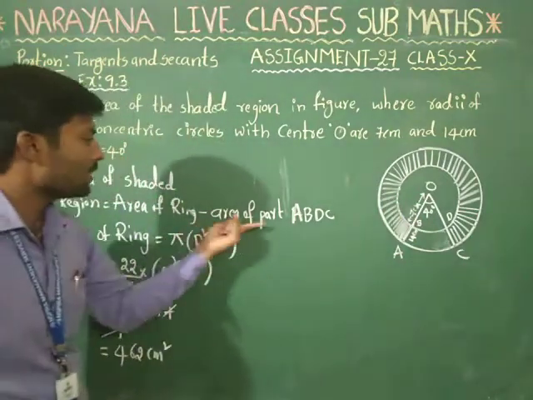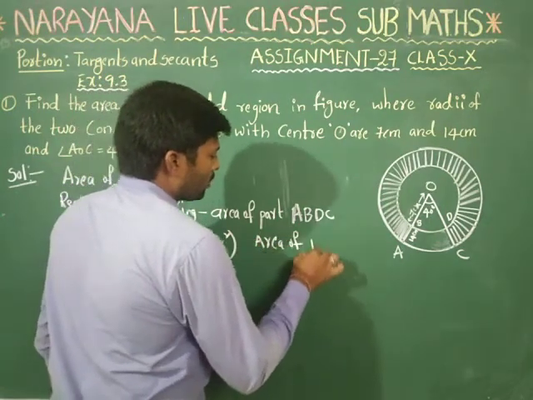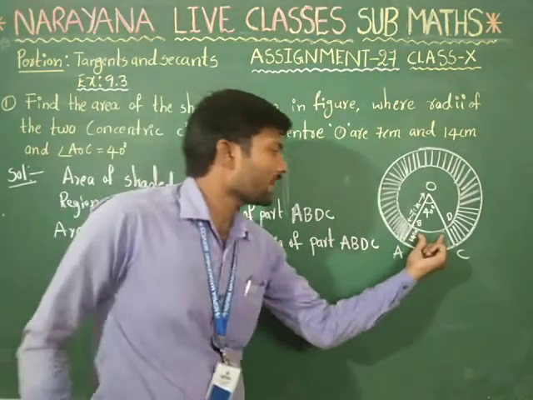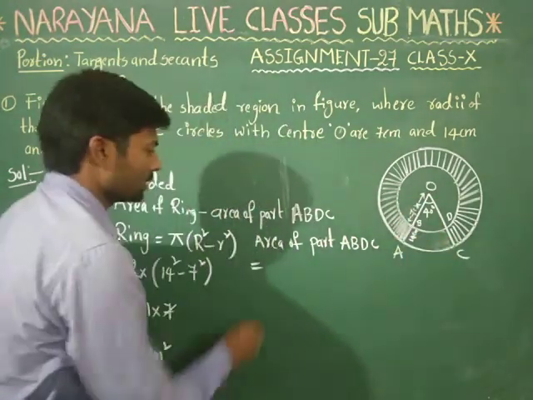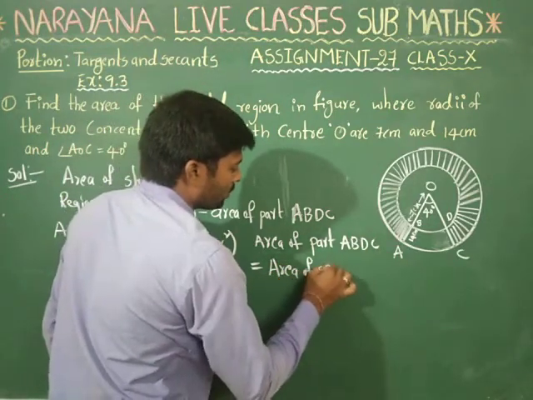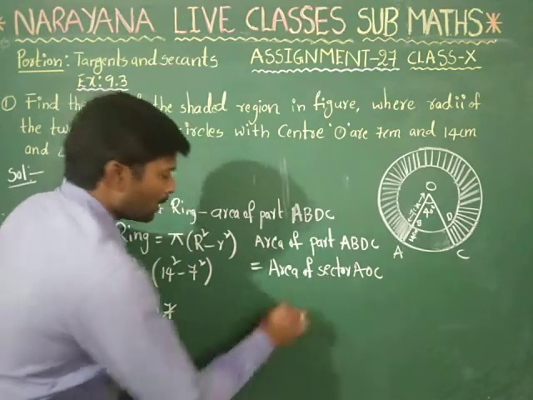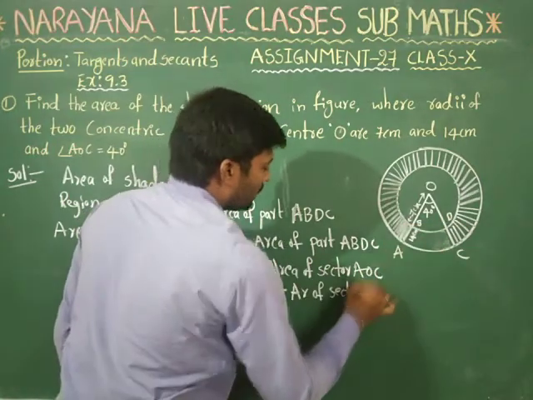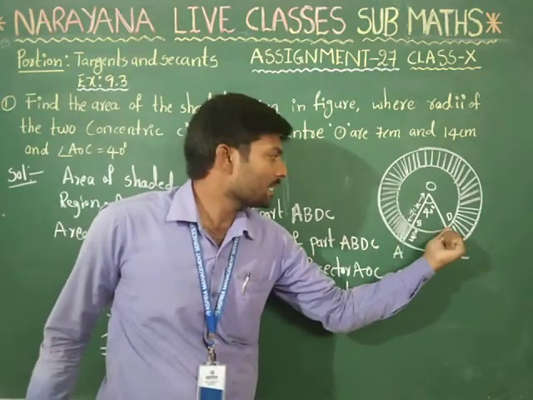Now we need to find the area of part ABDC. In order to find this area, we have to subtract the area of sector BOD from the area of sector AOC, where B is the point of intersection on the small circle and D is at this point.